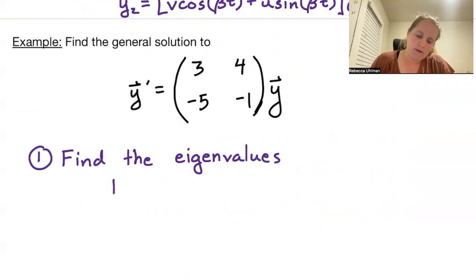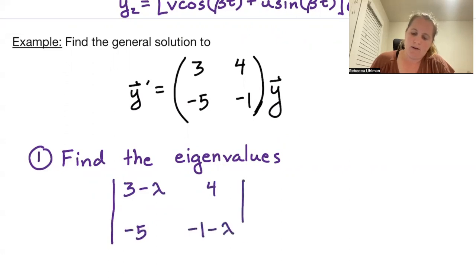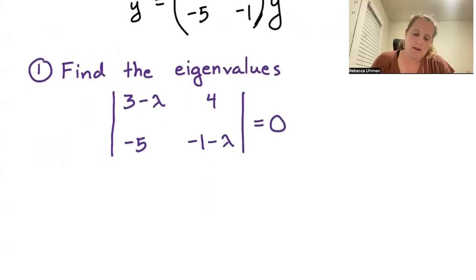So we have the determinant of 3 minus lambda, 4, -5, -1 minus lambda. That determinant should be equal to 0. This is 3 minus lambda times -1 minus lambda, then minus -20.